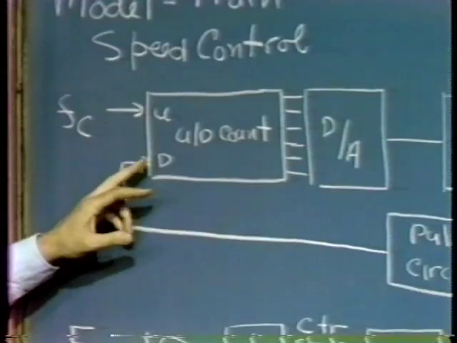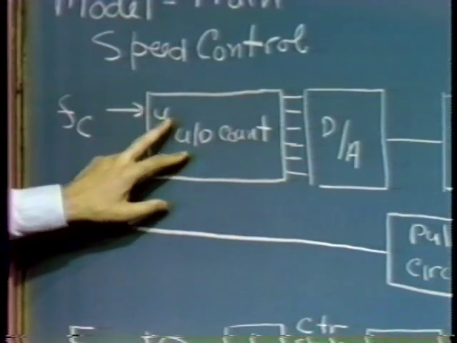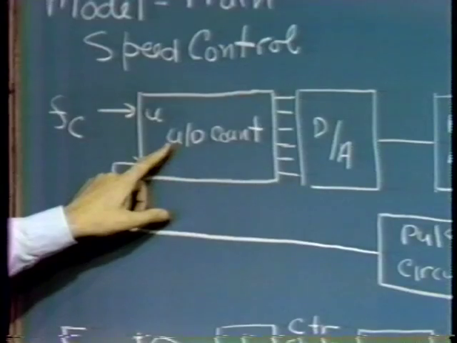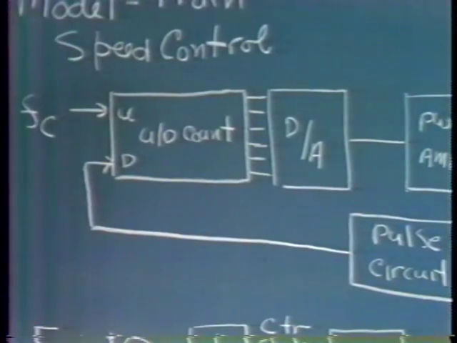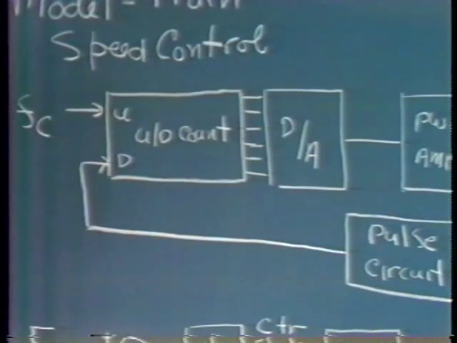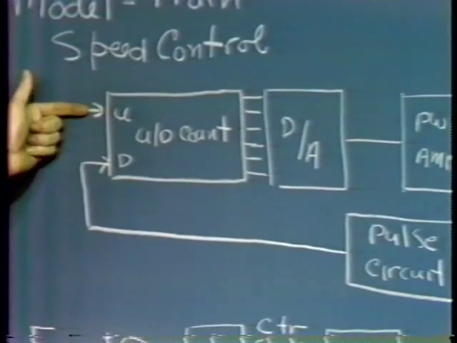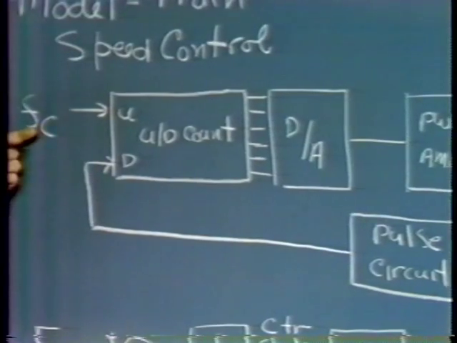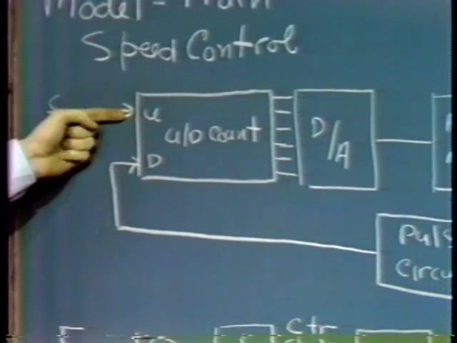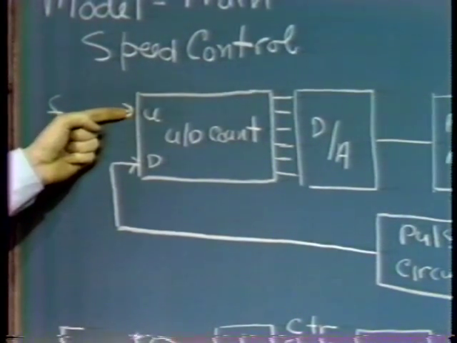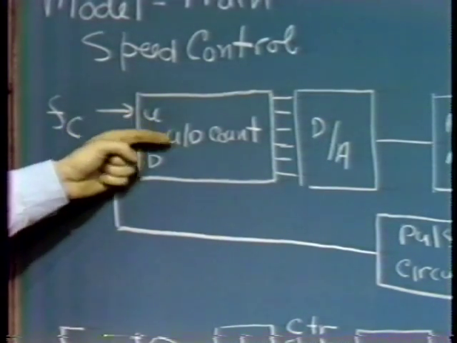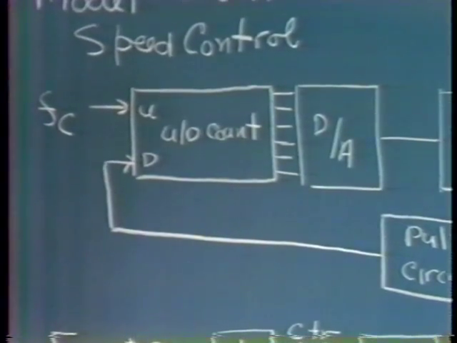I use an up-down counter as the phase comparator. I mentioned that last time. That's one technique for doing a phase comparison. You really keep track of the total number of cycles different between the commanded frequency and the frequency that comes back in. So what I do is apply a command proportional to the speed at which I want the engine to run to the up line on an up-down counter.